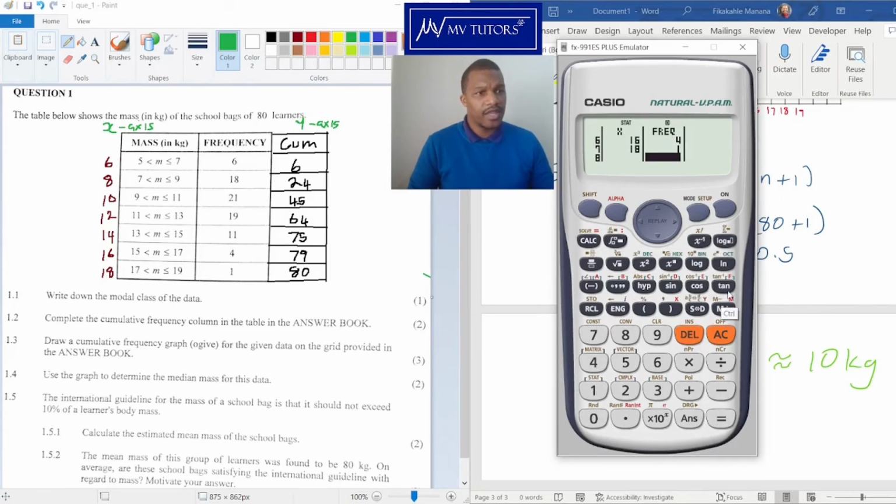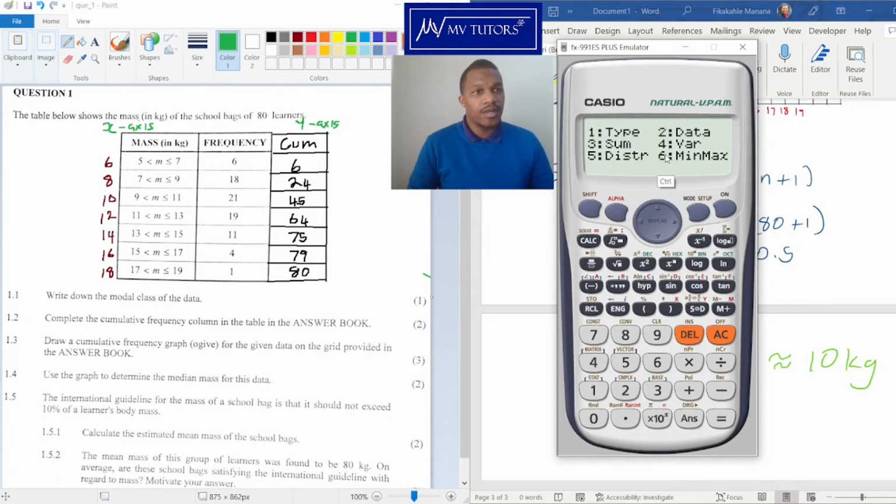Okay, there we go. And then we're going to press the AC here, or on. We don't need it anymore. And then we'll go shift, and then we'll go stat, which is number 1 here. You can always tell shift works with the orange colors, alpha works with the red ones. So stat is orange, that's why we press 1.